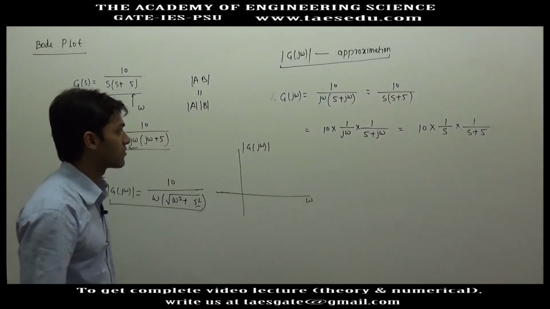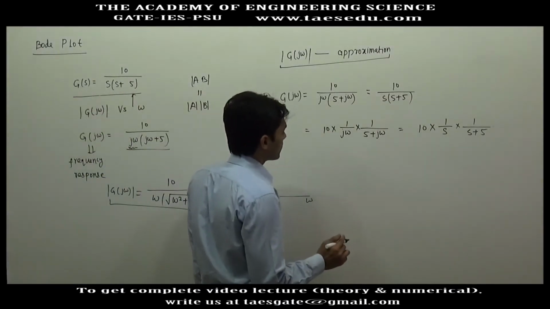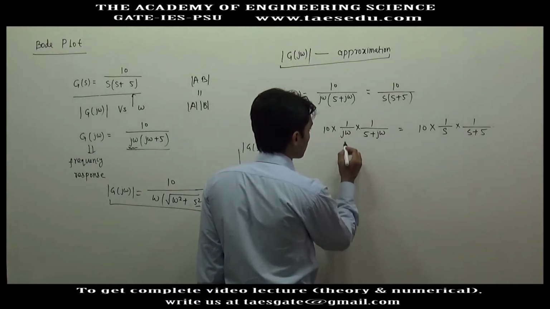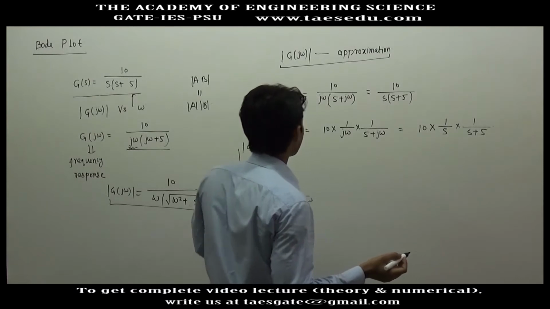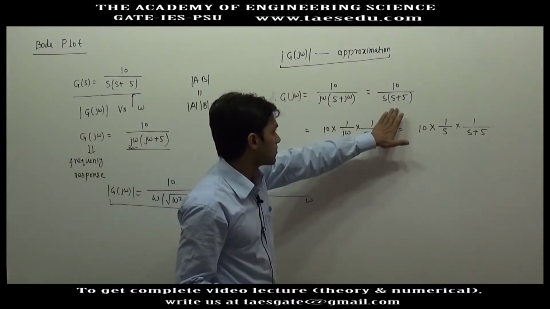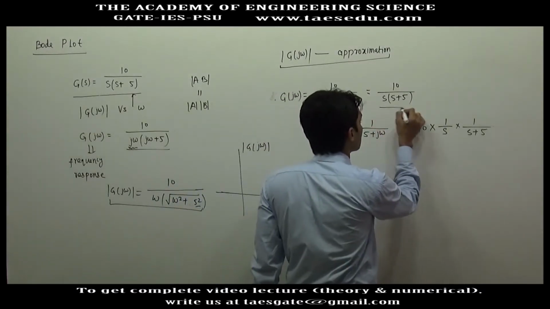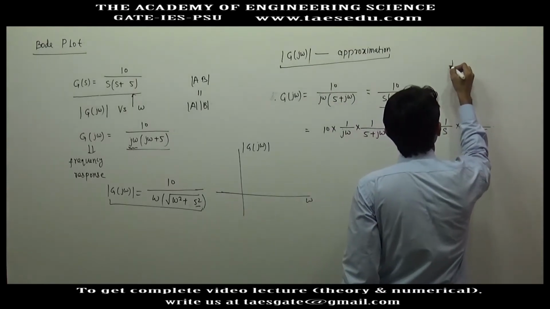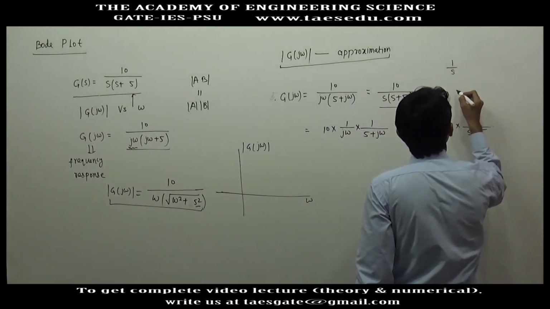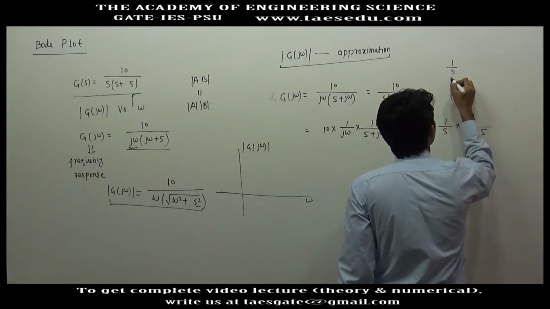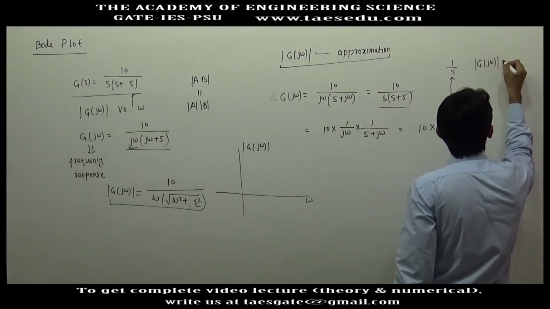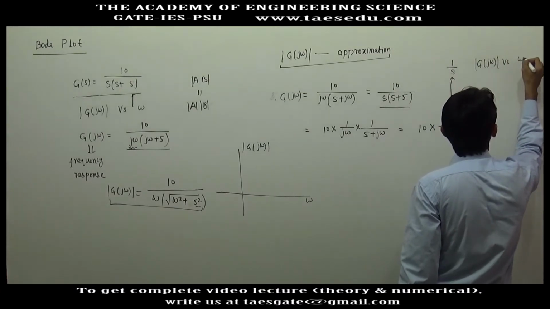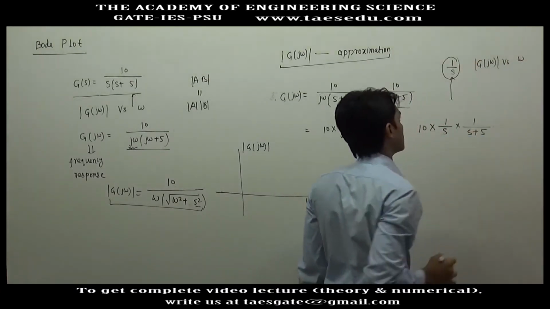Now in the further discussion we will find that, if you compare this example with the example of 1 upon s only, plotting the Bode plot or the magnitude of G(j omega) versus omega for 1 upon s only is very easy.